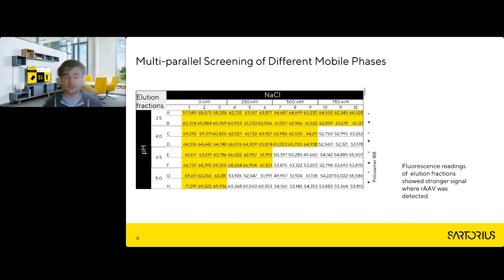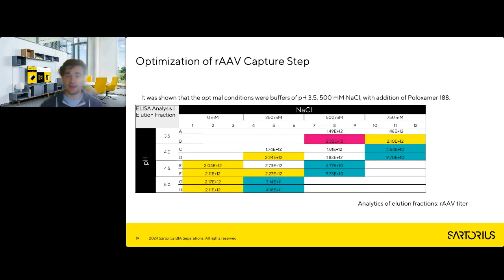From this, we did an analytical test to see where we had the highest AAV titer, and we saw that the optimal conditions were buffers of pH 3.5, 0.5 molar salt, with an addition of poloxamine.